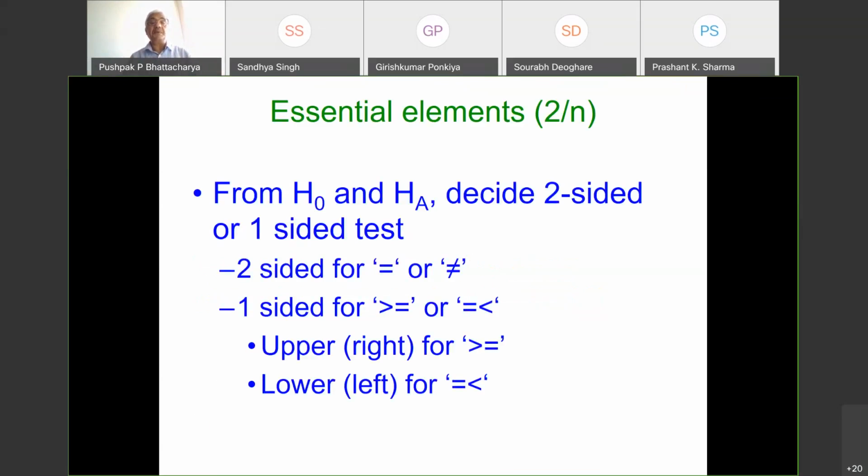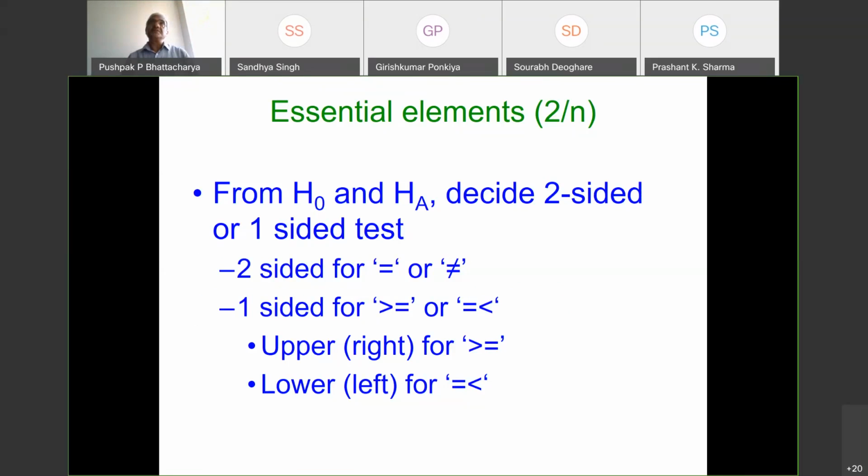In this case, we are interested in the not equal to case. So the null hypothesis is equal to, and the alternative hypothesis is not equal to. Neither less than 80 nor more than 80 is acceptable to us considering the business situation.